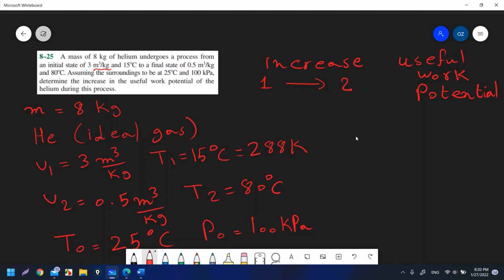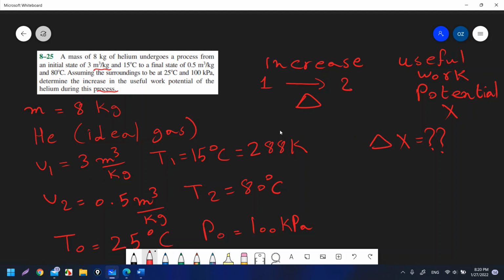When he meant useful work potential, he means Exergy. But he said also increase. Increase means during this process from state 1 to 2, means delta. There is a change. So when he says increase in useful work potential, he means delta X. X is the Exergy. Okay, so we need to find the change in Exergy delta X. Is this system open or closed?